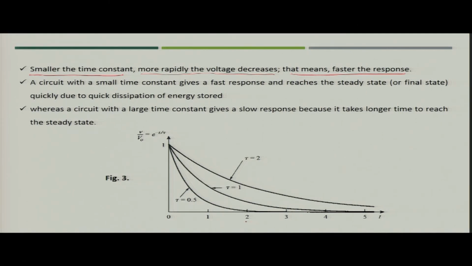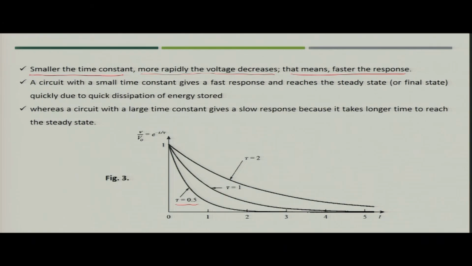If you see this particular figure, when the time constant is small, that tau, which is nothing but RC, the product of R and C, is small, the slope of the curve shows that the voltage is decaying very fast as compared to the others.